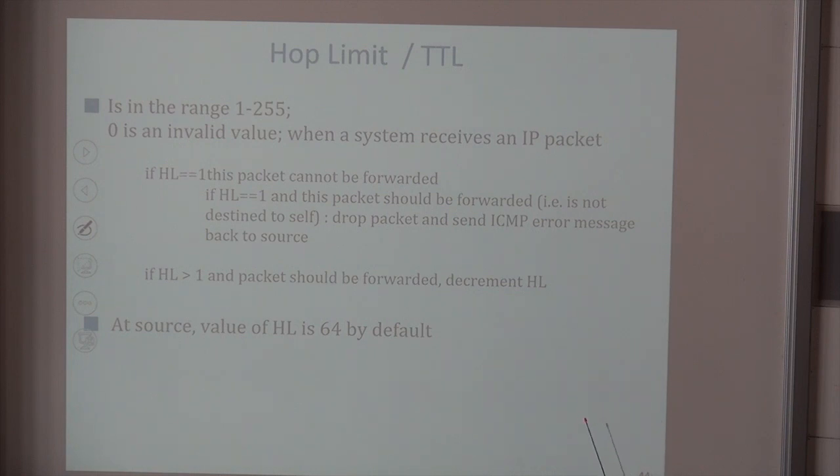So you kill the packet. If the hop limit is larger than 1, then you decrement. By default, I believe, as far as I know, the standard says it should be 64 at the source, but not all systems do it very strictly.